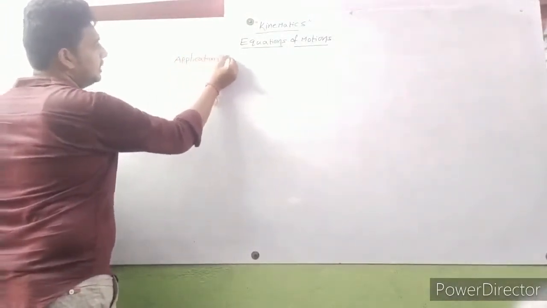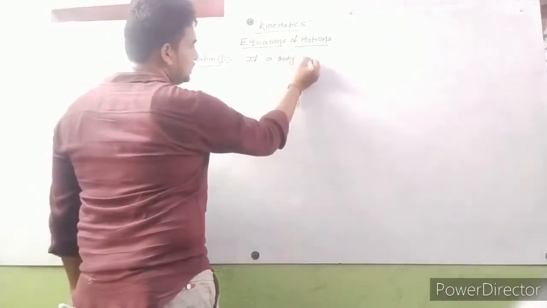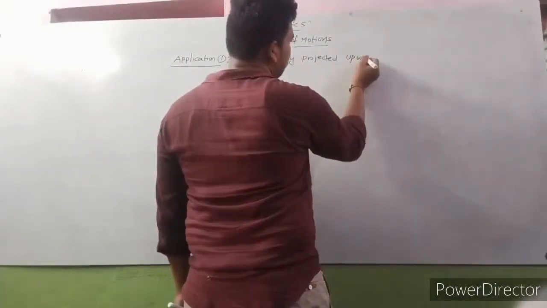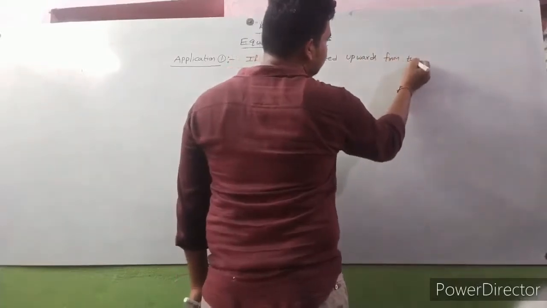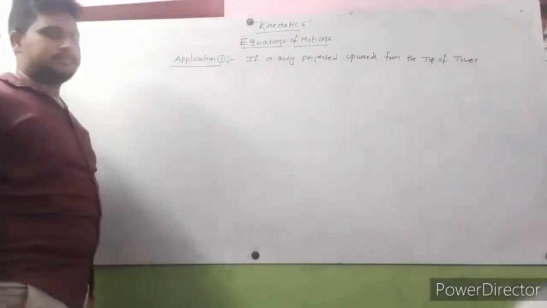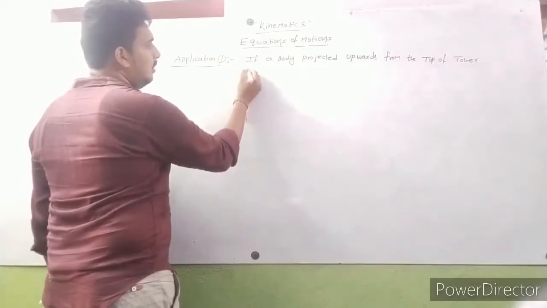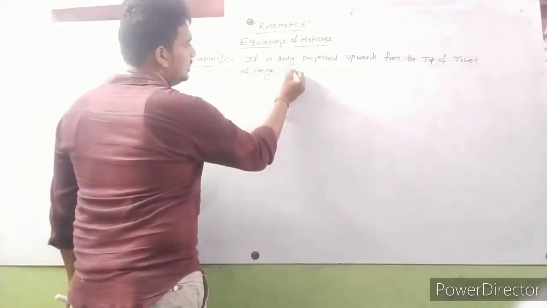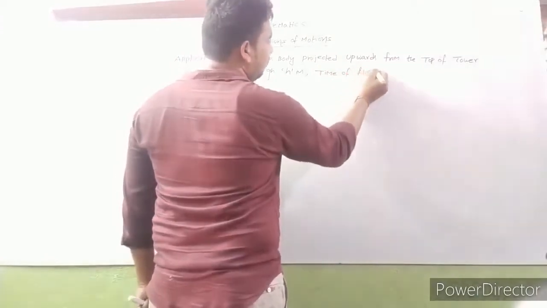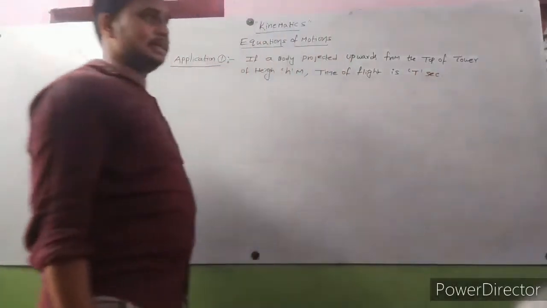If a body is projected upwards from the top of a tower of height h meters, time of flight is t seconds.